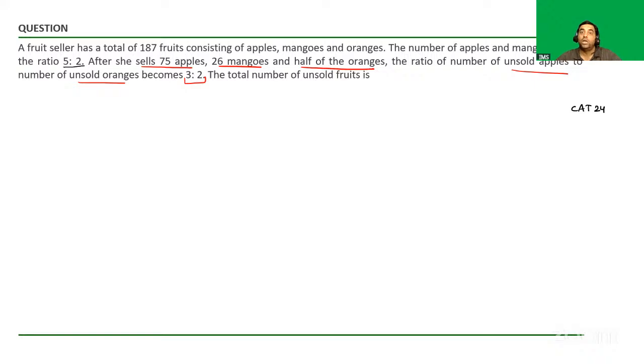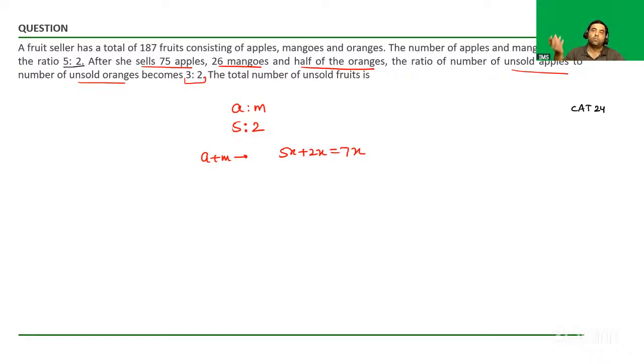Right? So now if I have to solve the question, the first thing that comes to my mind is, because apple to mango initially is 5:2, let's assume that the total number of apples plus mangoes in the beginning is 5x plus 2x, which is equal to 7x.